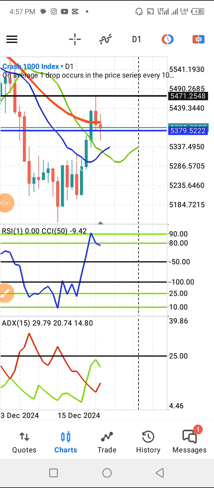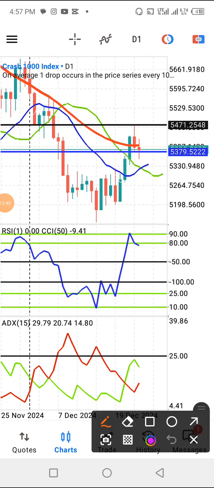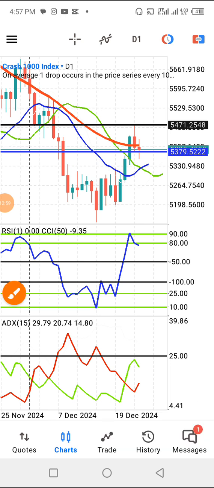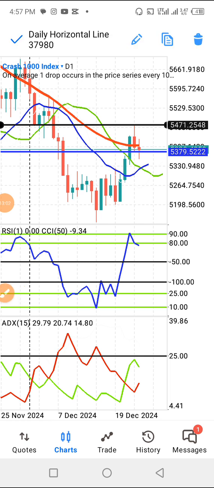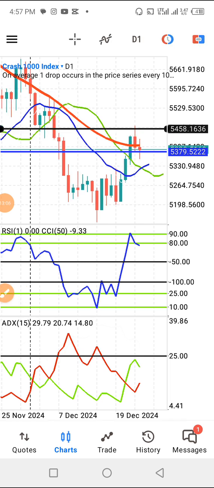Now let's zoom in. When you zoom in, look at what happened here. Yesterday our target will have been this bullish candle. When you put your horizontal line on that bullish candle, please make sure you watch this video very well till the end.